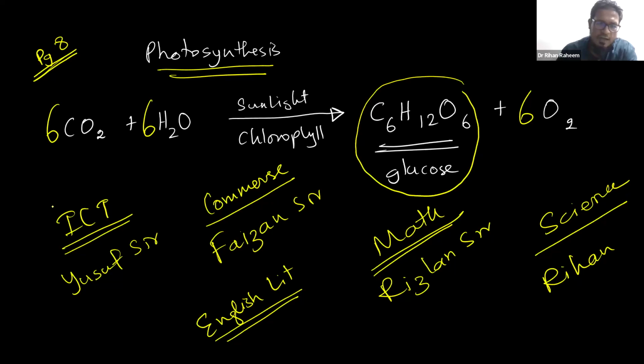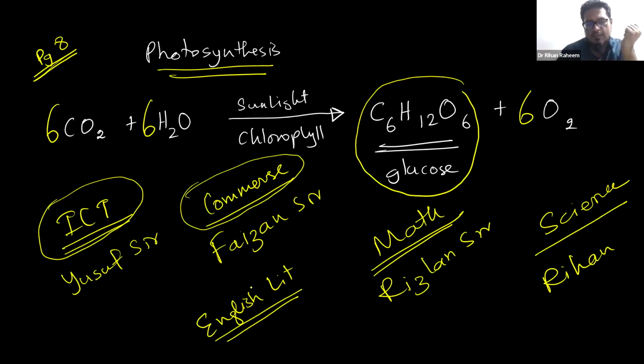But I feel ICT will be helpful for your IT knowledge because the world is moving with IT. Commerce is good for your business skills and English literature is good for your English. So those 3 are good combinations. But if in your school there is a good health science teacher, no problem, you can do health science. But if you do health science, I think you're skipping ICT, no? Without ICT, you have to do health science. Like that, there are basket subjects.